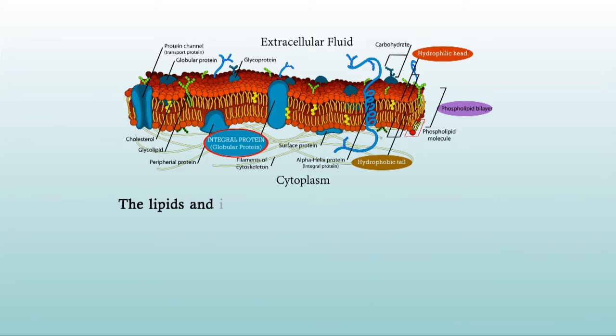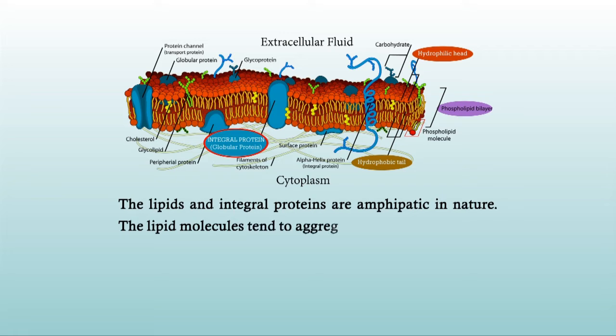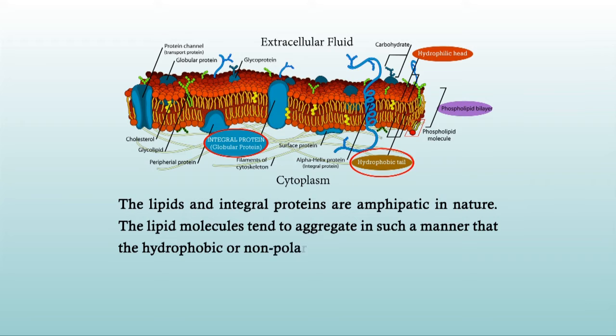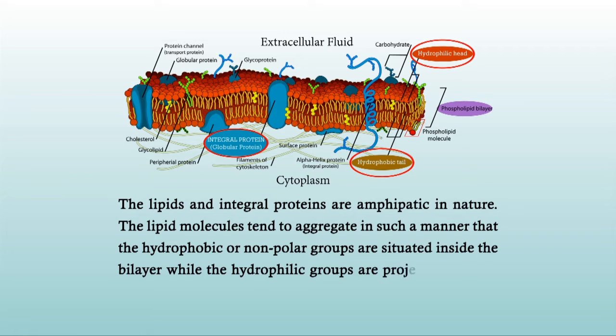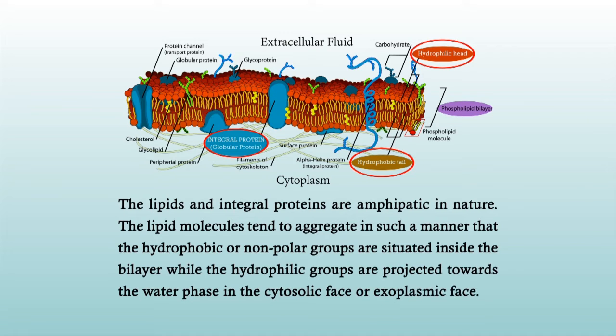The lipids and integral proteins are amphipathic in nature. The lipid molecules tend to aggregate in such a manner that the hydrophobic or non-polar groups are situated inside the bilayer, while the hydrophilic groups are projected towards the water phase in the cytosolic phase or exoplasmic phase.